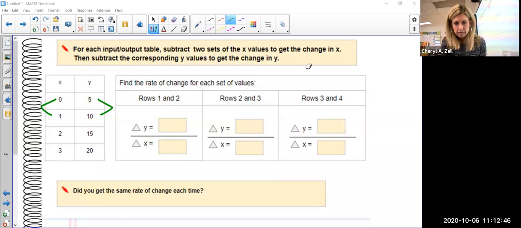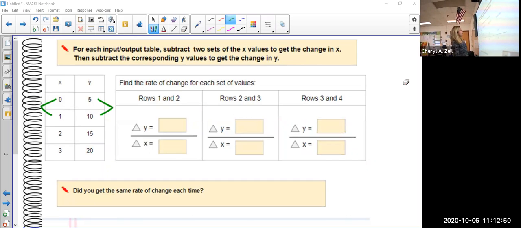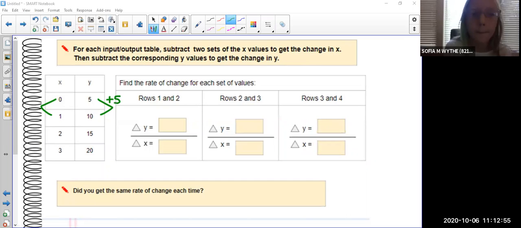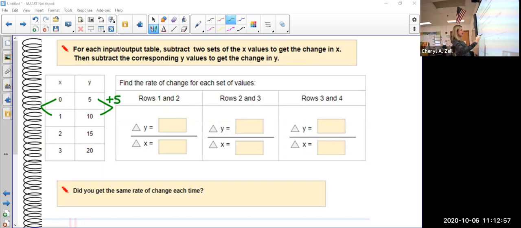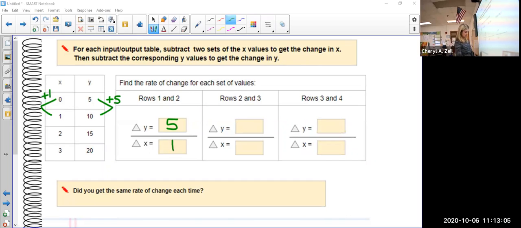For rows 1 and 2, what's the change in y? The change in y is a +5. And the change in x will be +1. So 5 over 1.